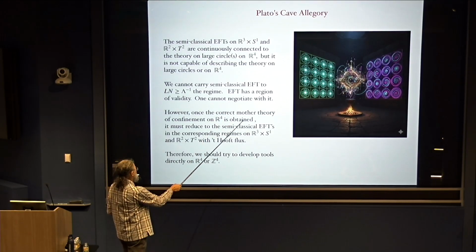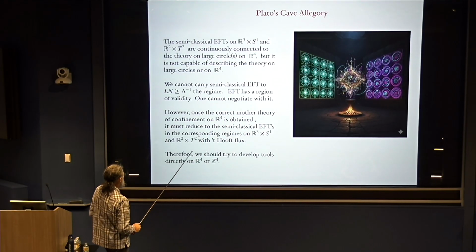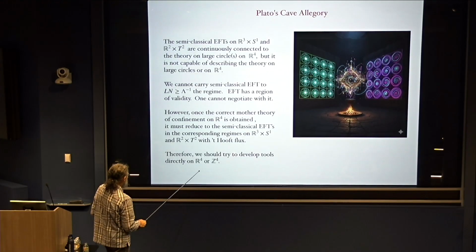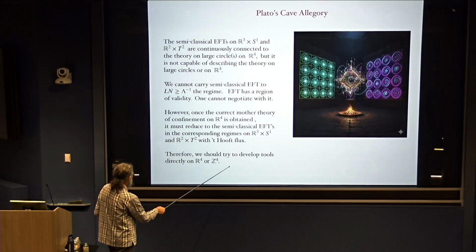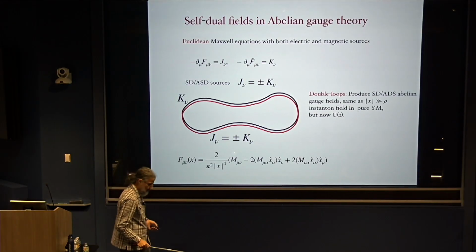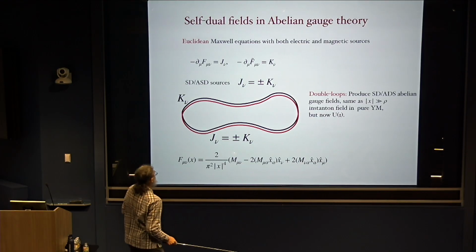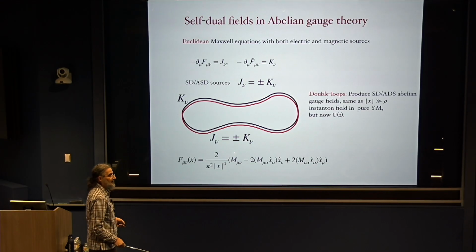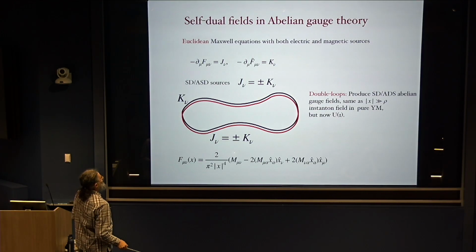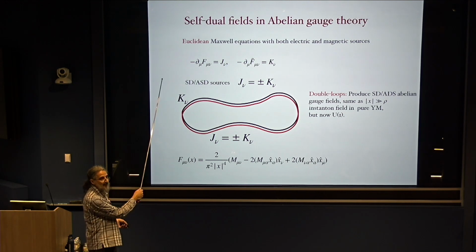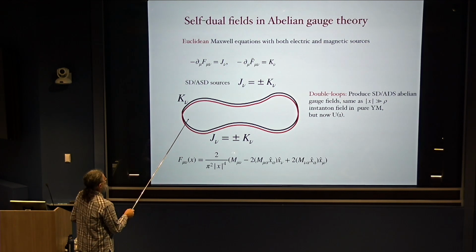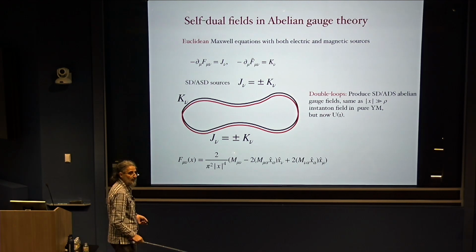Let's call this the mother theory, okay? And then, therefore, my goal is to try to understand something directly on R4 or Z4. Now, somebody said that in the vacuum of the Maxwell theory, there are no instantons. There are no non-trivial self-dual configurations. However, in abelian gauge theory, I am taking a Euclidean setup. It's trivial to construct self-dual fields.